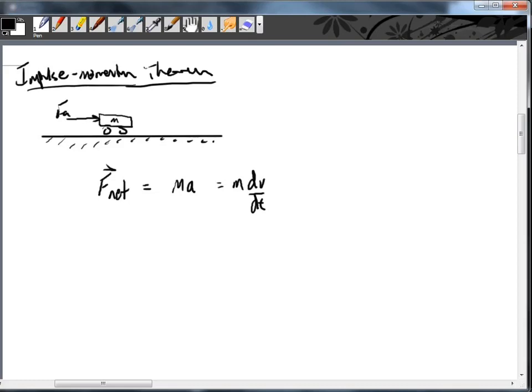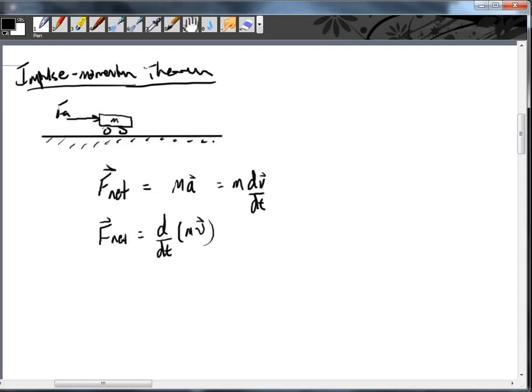Because mass is generally a constant, we can move it inside and under our operator to give us our net force equals d/dt of mass times our velocity vector. Those should be vectors up there.